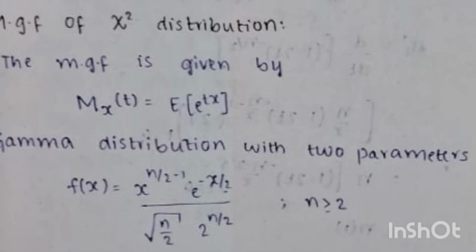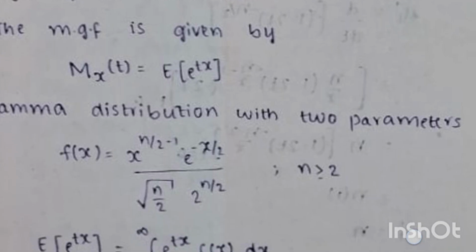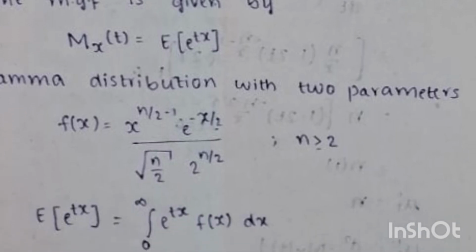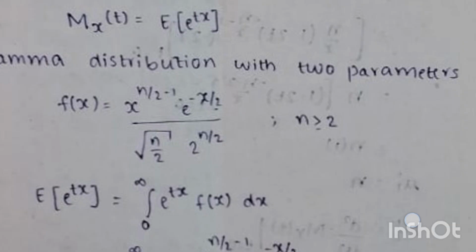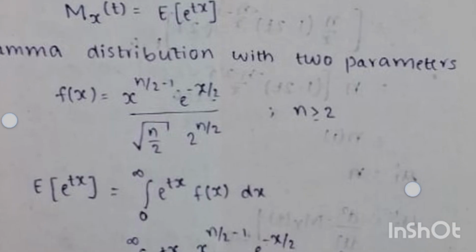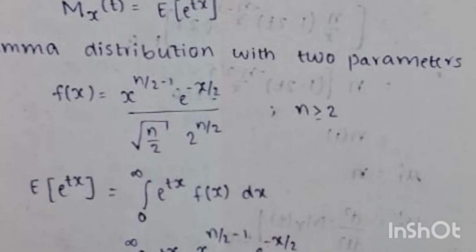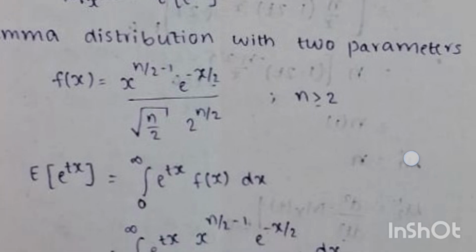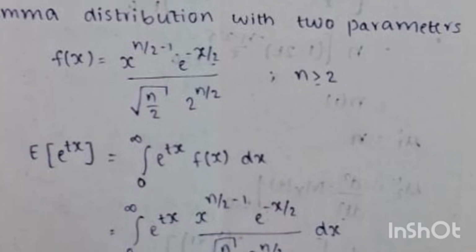Mx of t equals the expected value of e to the power of tx, for the chi-square density f of x equals x to the power of n by 2 minus 1 into e to the power of minus x by 2, divided by gamma of n by 2 into 2 to the power of n by 2.